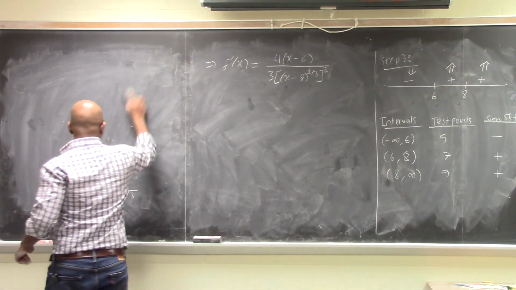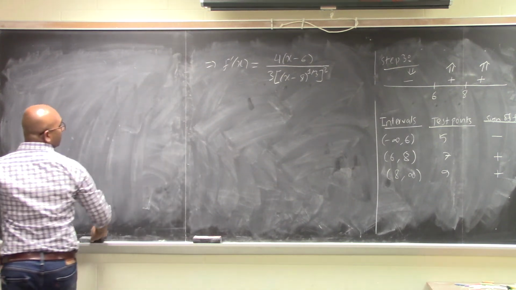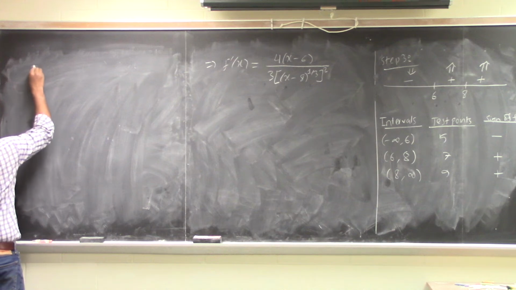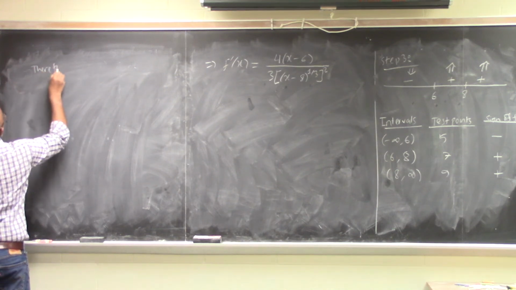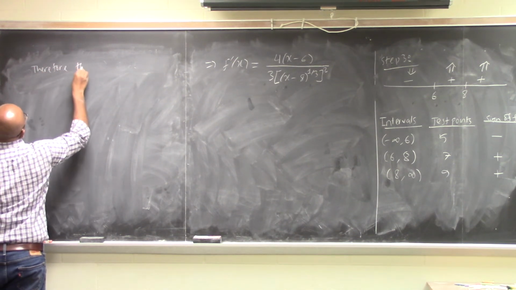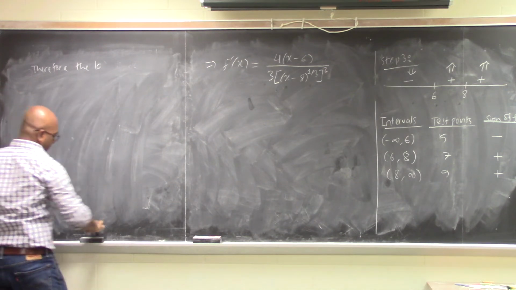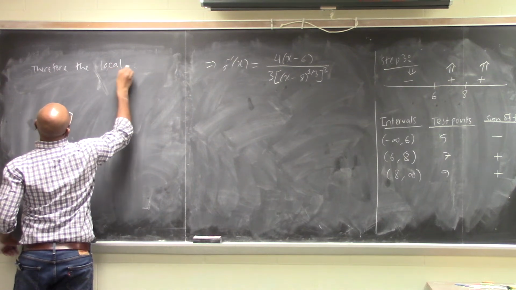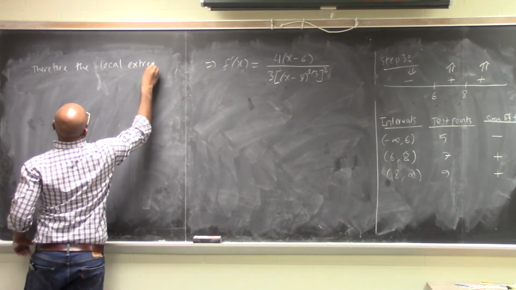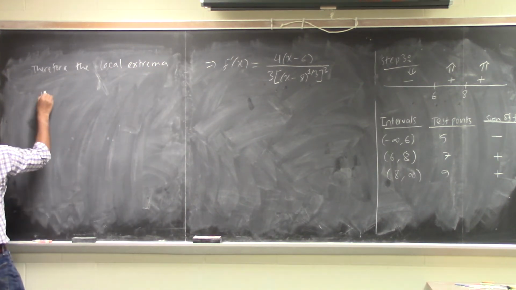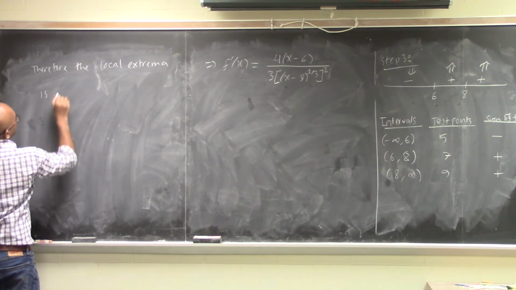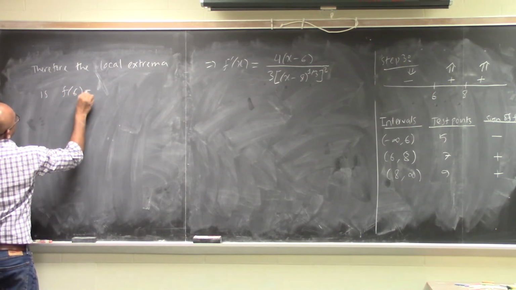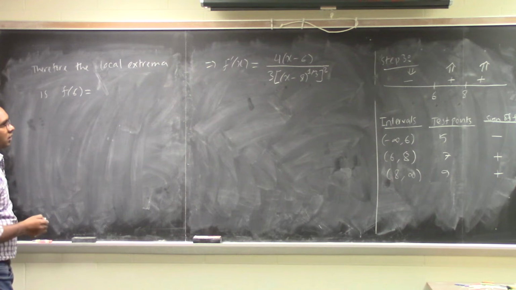Okay, so we are ready to write down the extrema. Therefore the only local extrema is f of 6, right? What was the function?